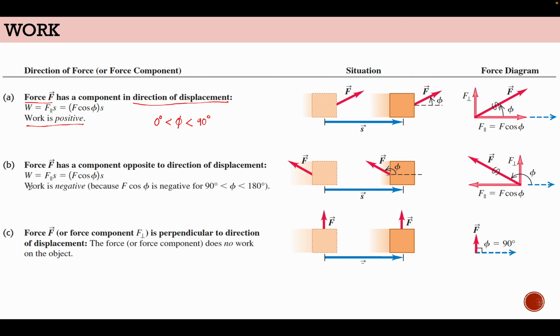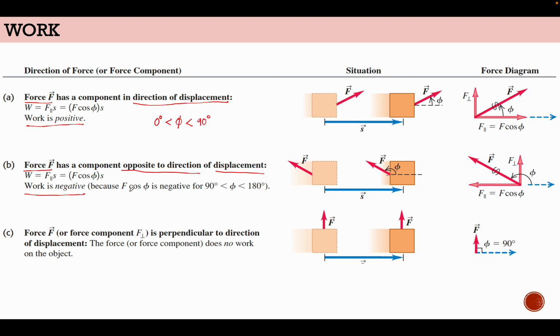Now, how about when work is negative? The value of your work is negative if our force has a component that is opposite to the direction of the displacement. Notice here on the figure that our force exerted is going in the opposite direction of the displacement.